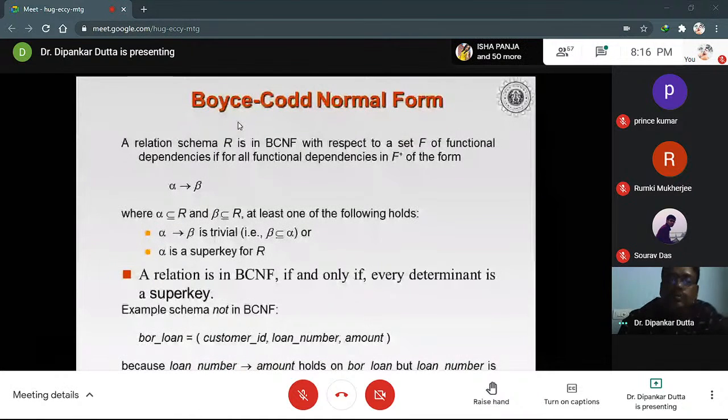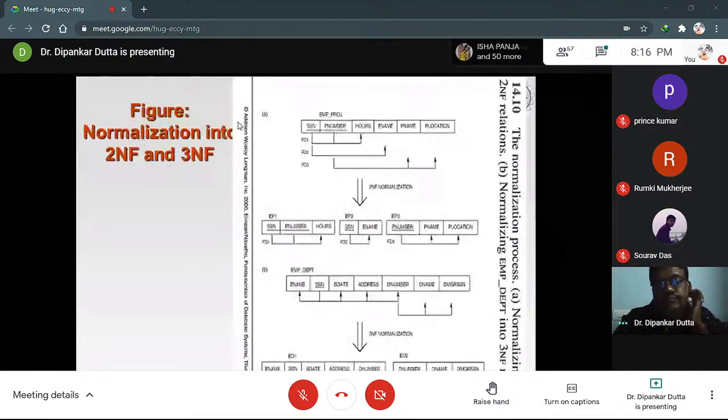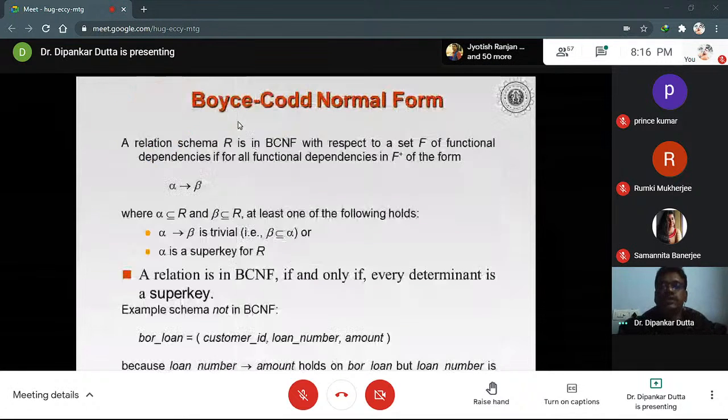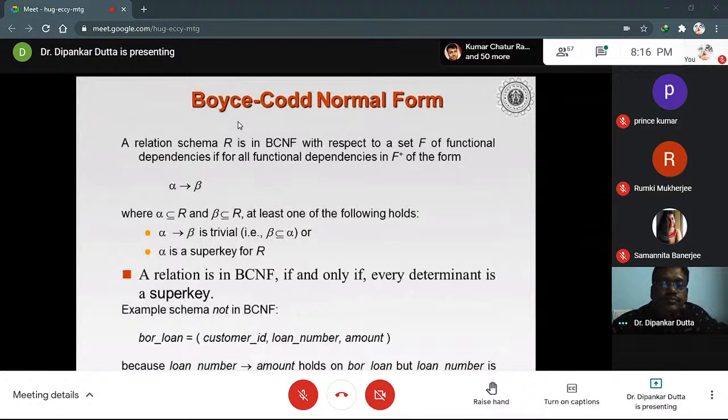Okay, so is third normal form clear to everybody? Yes, sir. Then I will discuss BCNF, which is a stronger normal form than 3NF. In 3NF, there are three conditions, and if any of these three conditions hold, then it is in 3NF.